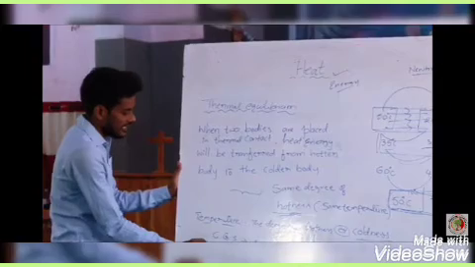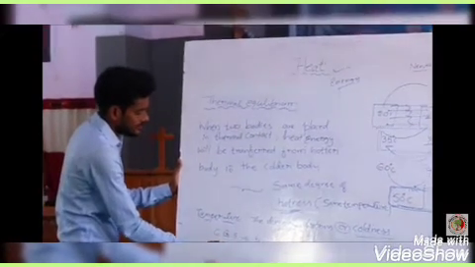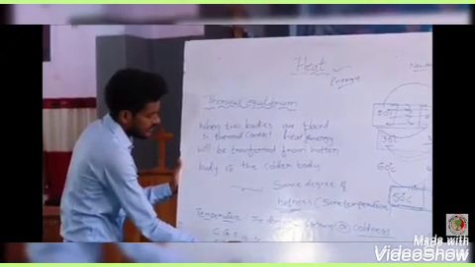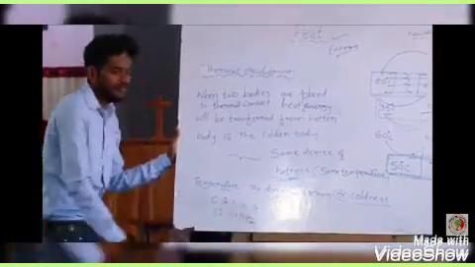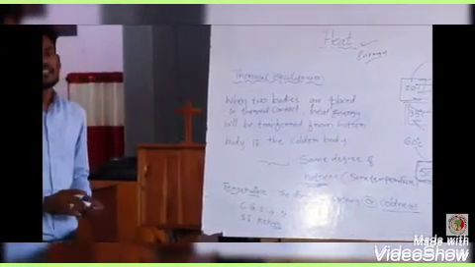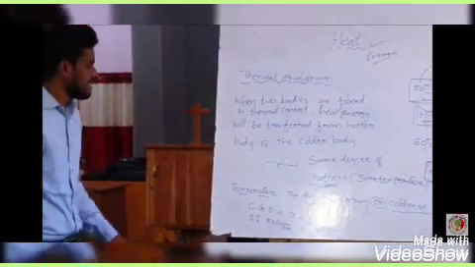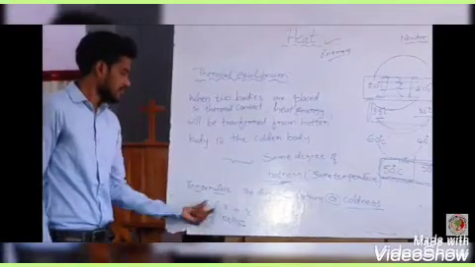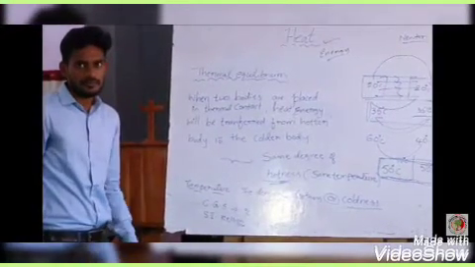And the SI unit of temperature is Kelvin. Kelvin is a scientist's name. SI means International System of Units. The SI unit is Kelvin. The Celsius unit is degree Celsius.